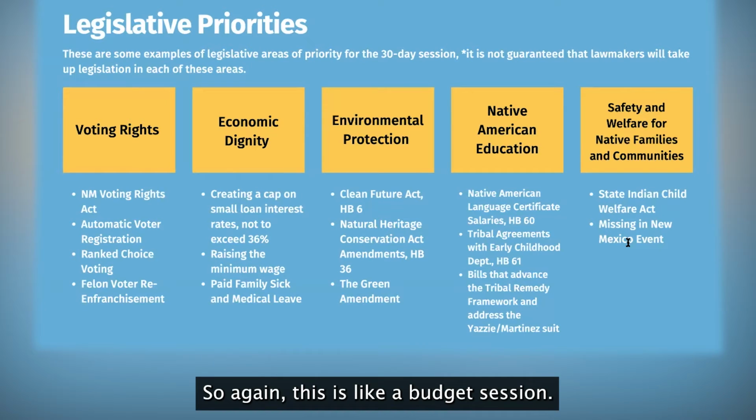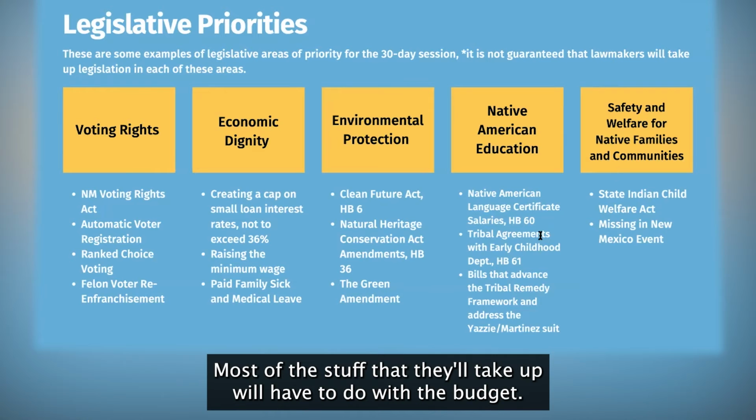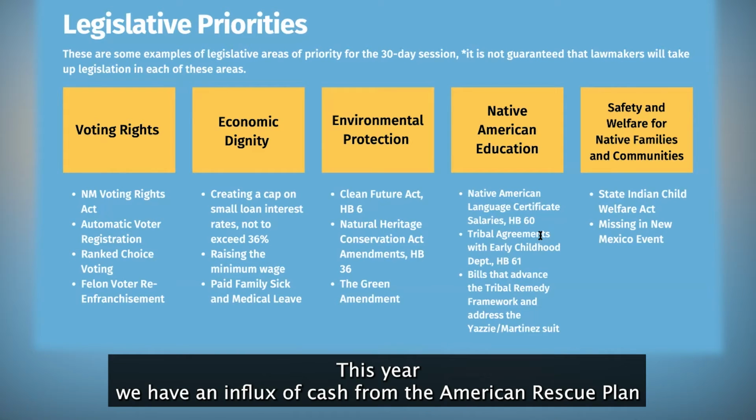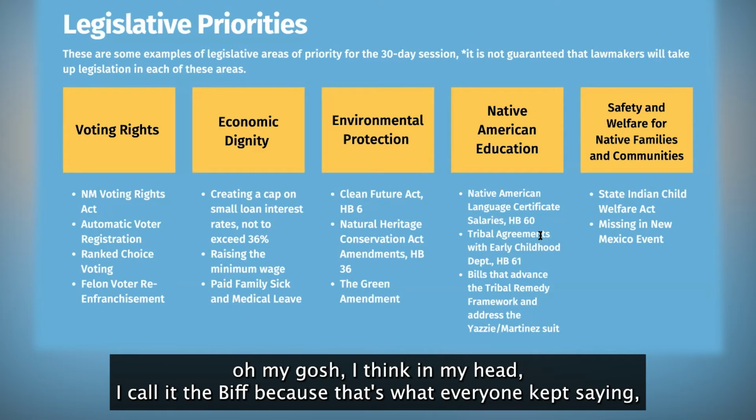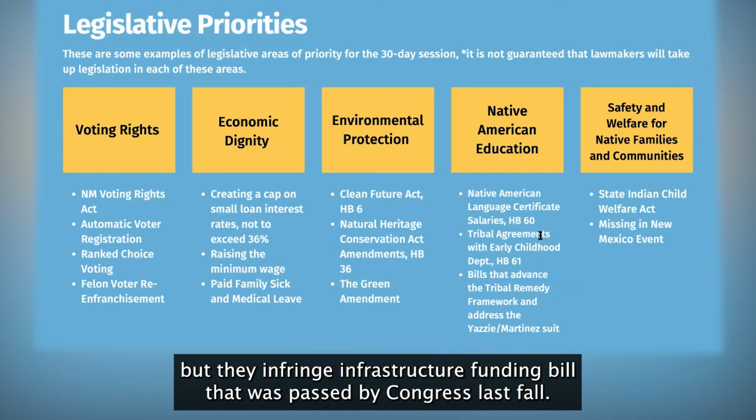So again, this is a budget session. Most of the stuff that they'll take up will have to do with the budget. This year we have an influx of cash from the American Rescue Plan and the infrastructure funding bill that was passed by Congress last fall.